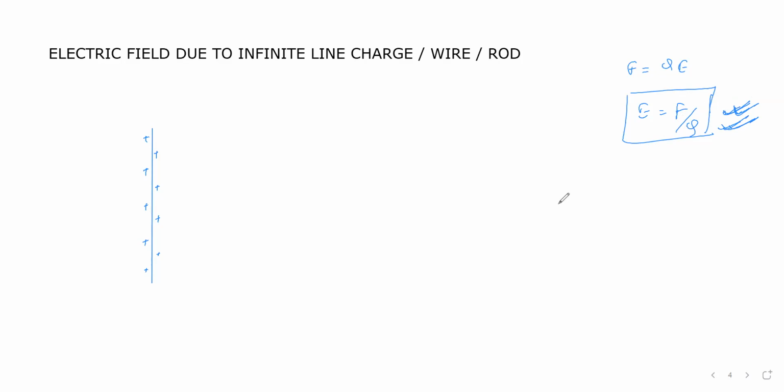Why? Remember that. What is this F? F is your Coulomb force. Do you remember or not? Yes, sir. This is your Coulomb force, and you already know Coulomb force is K Q1 Q2 over R square, or sometimes it can also be written as 1 over 4 pi epsilon naught Q1 Q2 over R square.